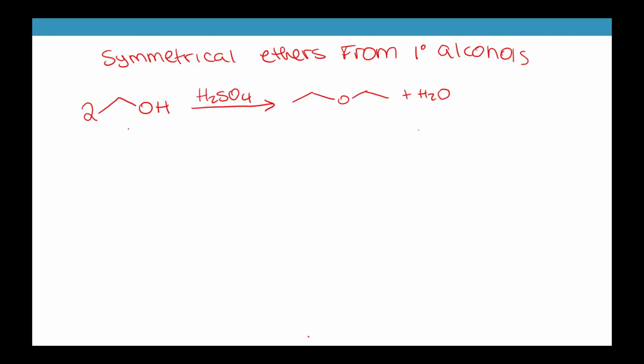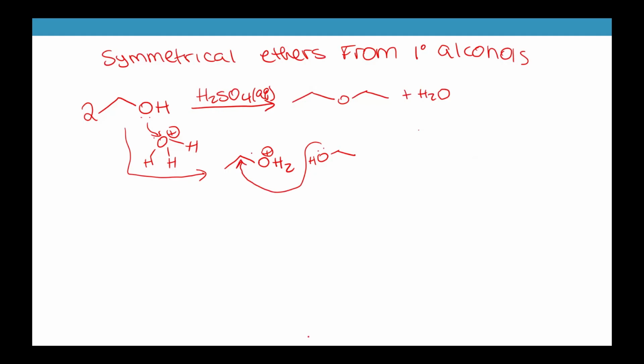So this occurs by protonation. This is aqueous, so we can just use H3O+. So we have protonated alcohol. And then we're just going to draw a second equivalent of our alcohol. And this is going to undergo an SN2 reaction.